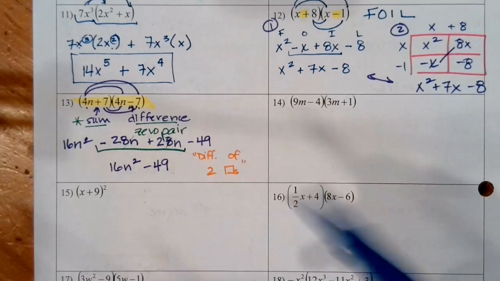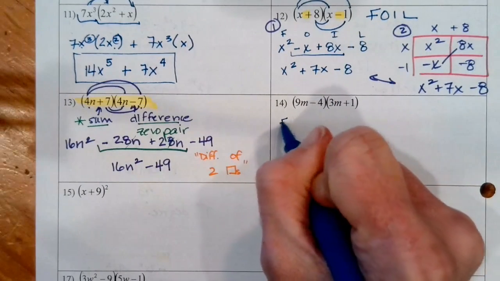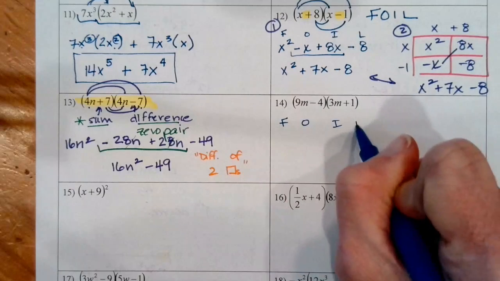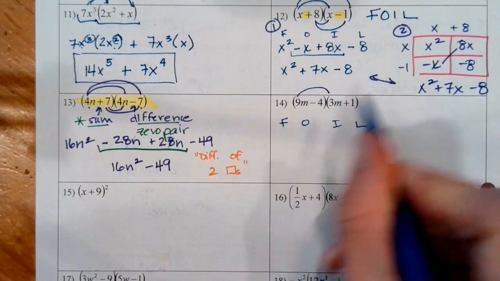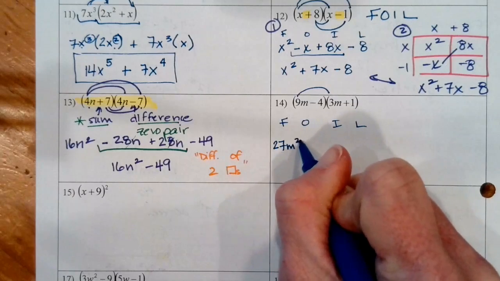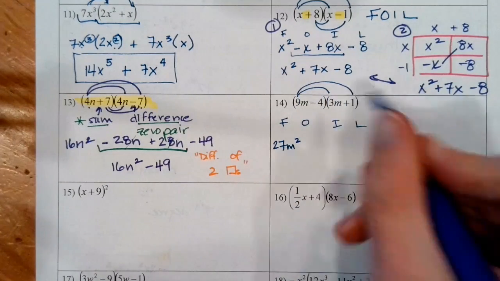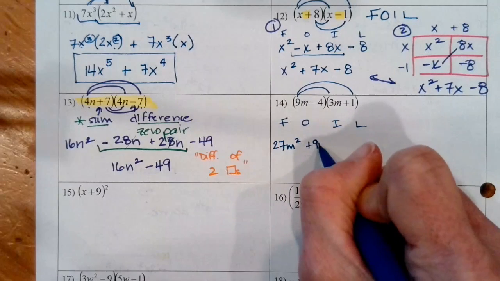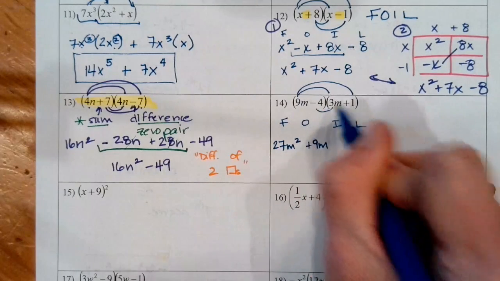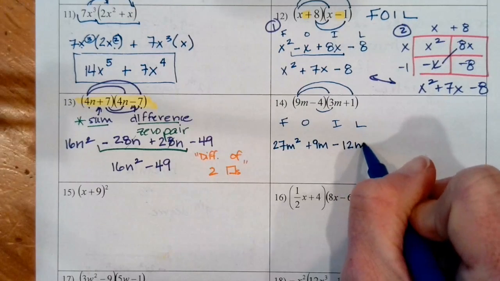All right, nothing fancy about this one. We can go ahead and do our FOIL, our first, outer, and inner, and last. Our first terms are going to be 27m squared. Our outside terms are going to be 9m. Our inside terms, negative 12m.